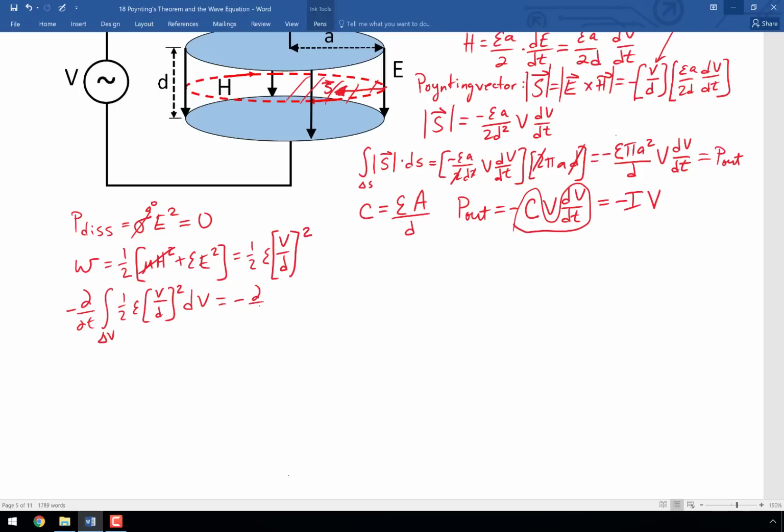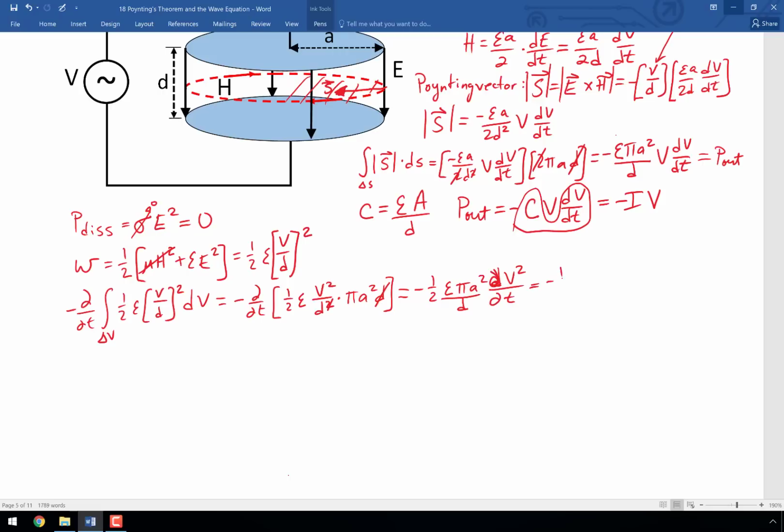So this is negative partial with respect to t of 1/2 epsilon V squared over D squared times the volume of the entire capacitor, which is going to be pi a squared times d. So that d is going to cancel with one of these d's. Everything else there is a constant, so I'm going to bring out negative 1/2 epsilon pi a squared divided by d, and then it's a partial derivative, partial of v squared with respect to t.